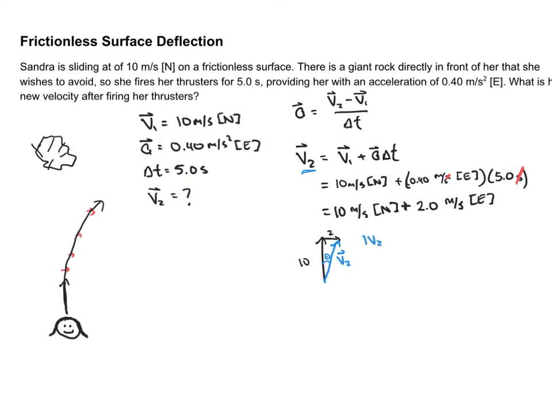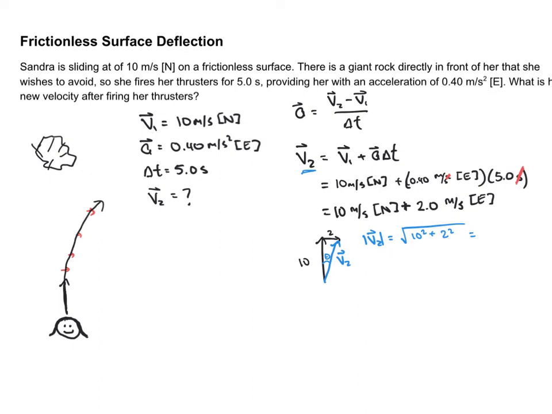So the magnitude will be the square root of a squared plus b squared, which is, well, that's going to be pretty much 10. It's the square root of 104, which is going to be pretty close to 10.2.